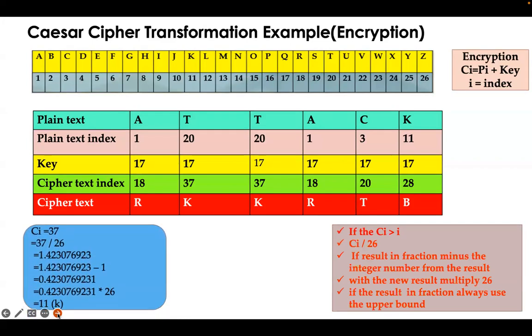that if our Caesar cipher index is greater than our index number, which is 26, this is for T, we get our ciphertext index 37, which is greater than our normal index number.